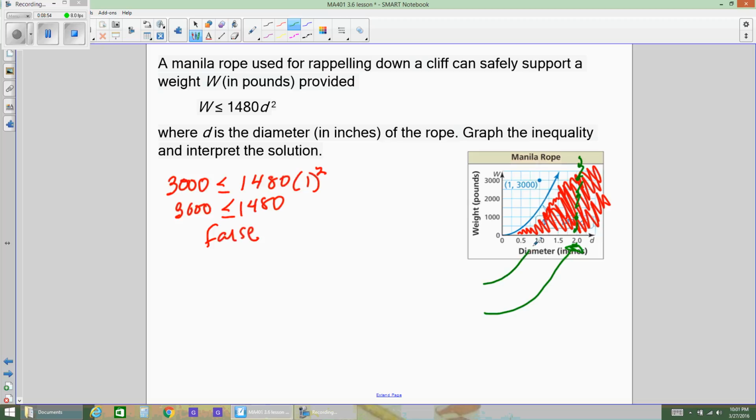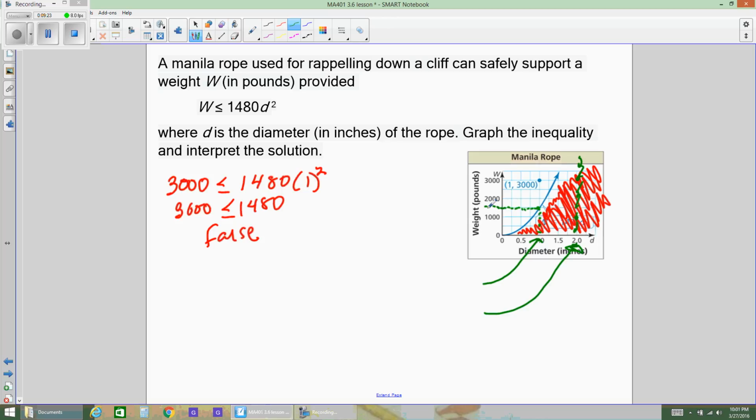Let's say our rope is 1 inch. Any of these weights are allowed. Now, as soon as you get to 1,500 pounds, that 1 inch diameter rope can no longer support you, or the weight you're trying to put down the cliff. That is what our solution set means.